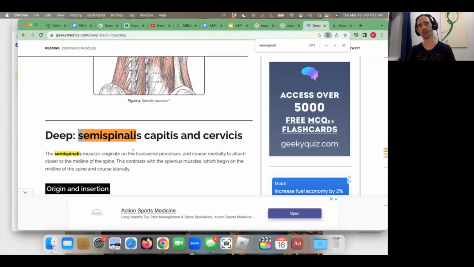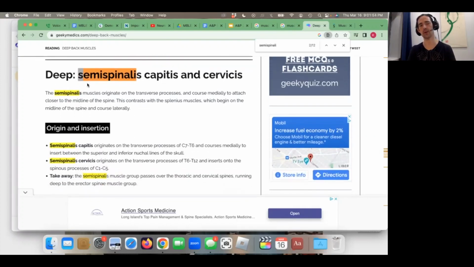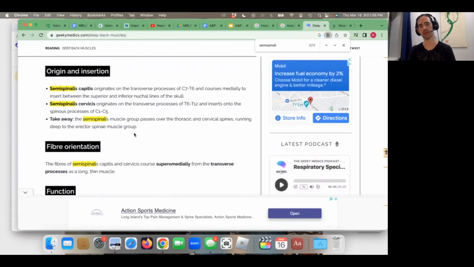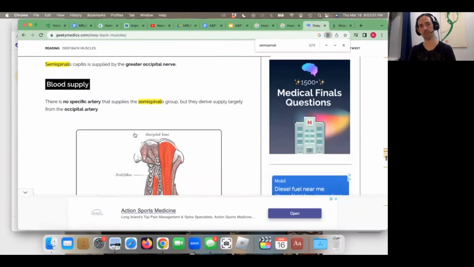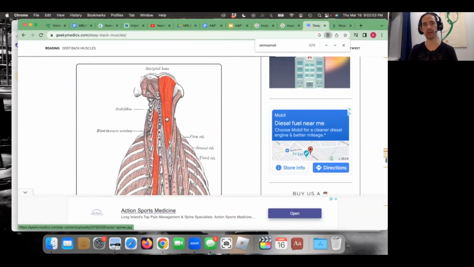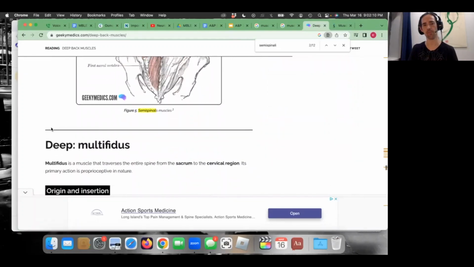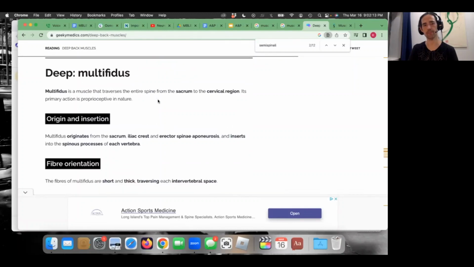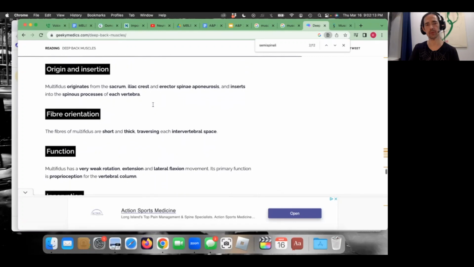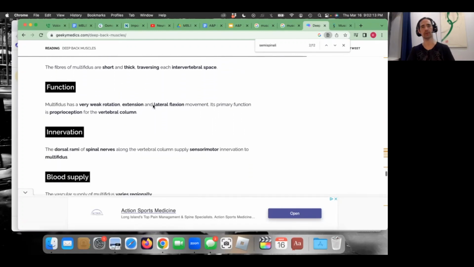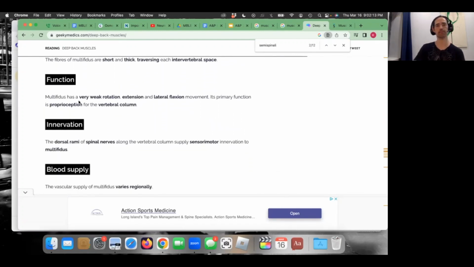The semispinalis capitis and semispinalis cervicis are the deepest muscles next to the neck. Then the multifidus. The multifidus are pretty important for you to know their movements.